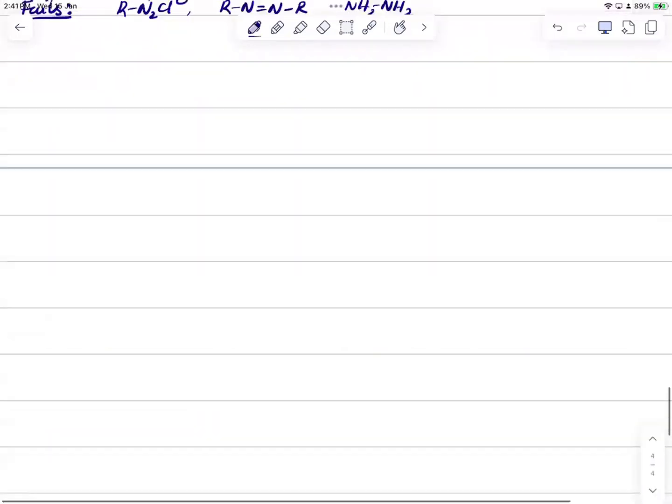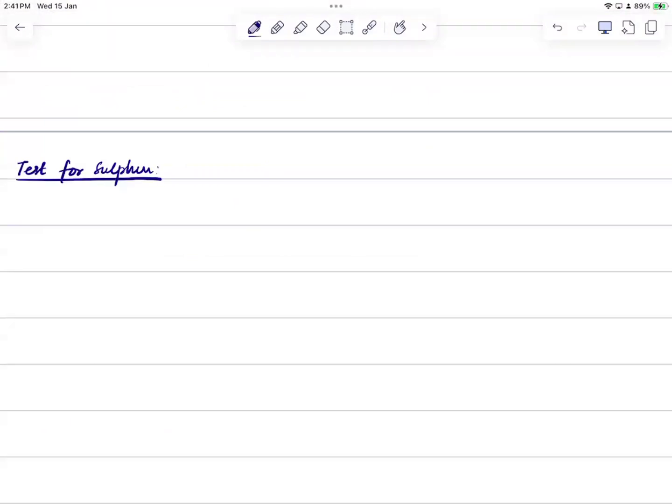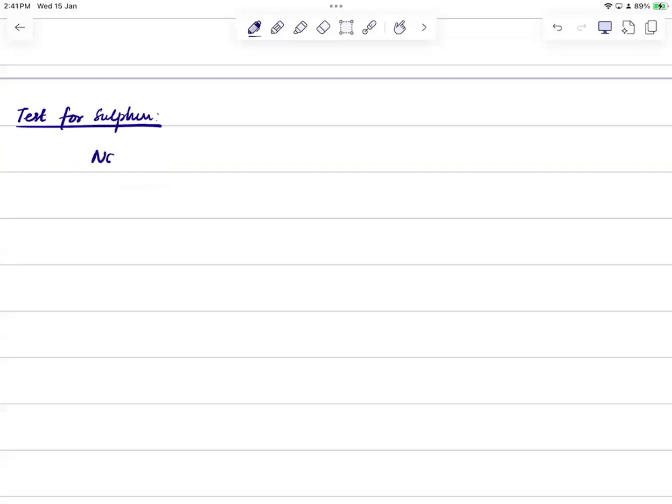Next one is about sulfur. Test for sulfur. In case of sulfur, we take Na2S, right? Because this is what has been formed as a sodium extract.